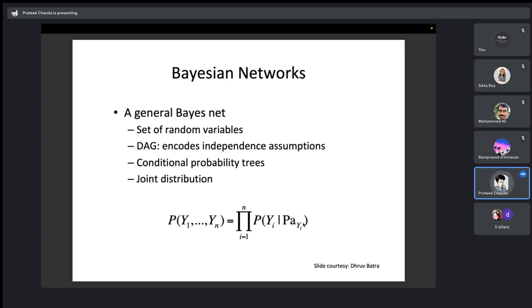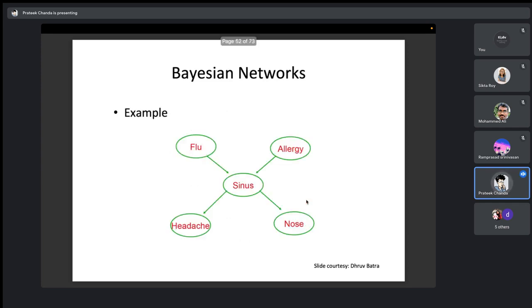Pa of yi means the parents of yi. So if I come back to this example, the probability of flu, sinus, allergy, headache, nose is equal to the probability of flu, into the probability of sinus given flu and allergy, because the parents of sinus are flu and allergy, into the probability of headache given sinus, because sinus is a parent of headache, into the probability of nose given sinus, because sinus is a parent of nose.